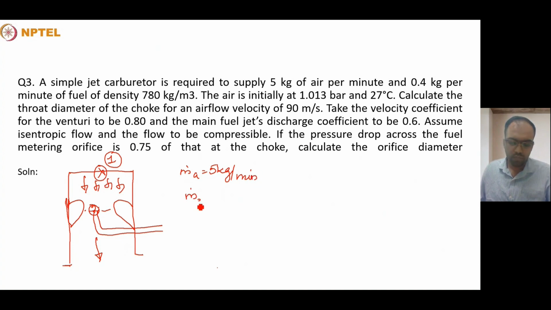Mass flow rate of fuel is 0.4 kg per minute. And the starting pressure P1 is equal to 1.013 bar.